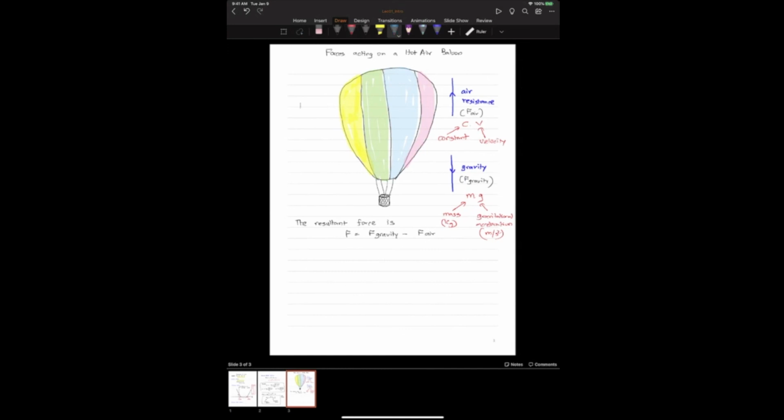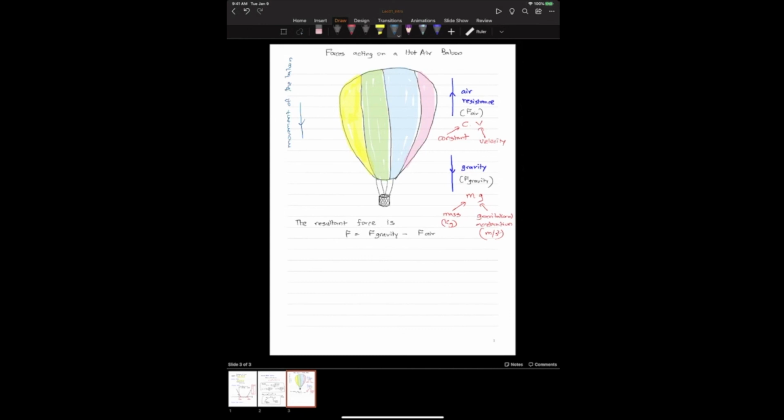It is the movement of the balloon. Just assume for a second that it's moving this way. So let's assume these are the two forces acting on it: one is gravity, the other is air resistance.